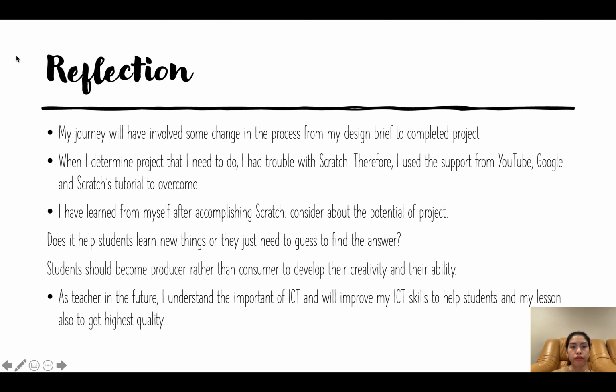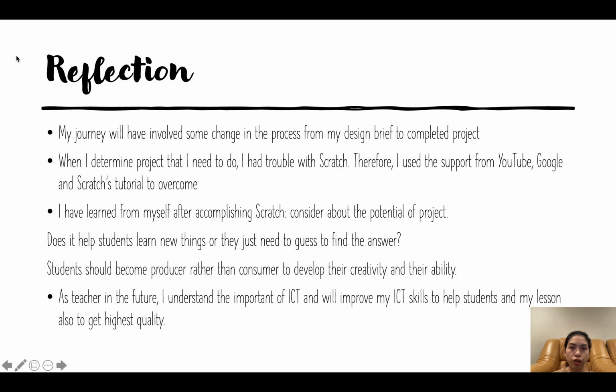Next is reflection. My journey involved some changes in the process from my design brief to my final project. When I did my project, I had trouble with Scratch, so I used support from YouTube, Google, and Scratch tutorials to overcome it.